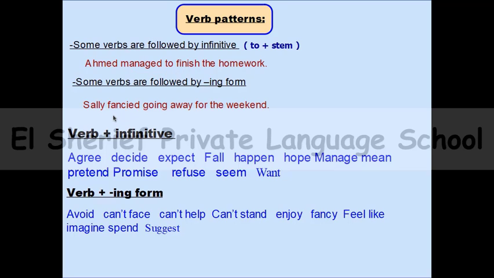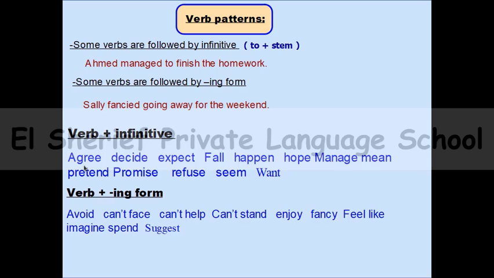And the verb fancy, which means like, must be followed by verb plus ing. So here we have some examples of verbs which are followed by infinitive or verb stem, and some examples of verbs which are followed by ing.